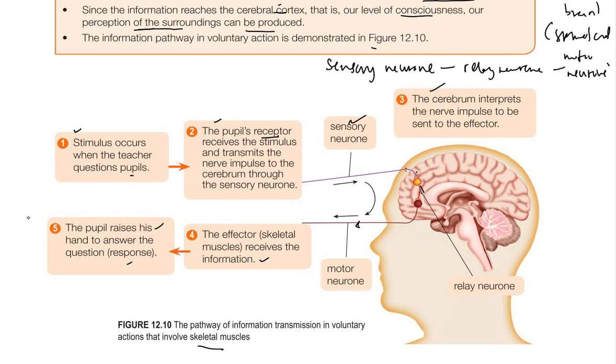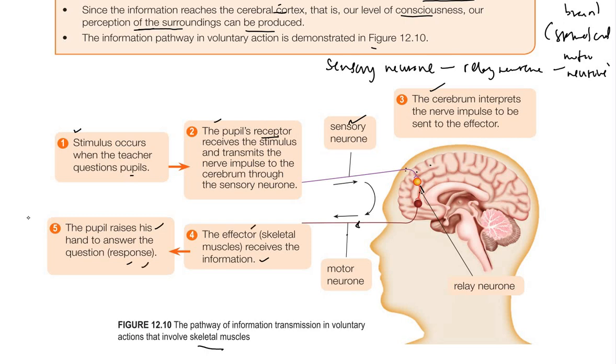The sensory neuron transmits the impulse from the receptor to the cerebrum, which is part of the brain. Then the cerebrum interprets the nerve impulse and sends it through the relay neuron, then the motor neuron, then to the effector, and the pupil raises their hand. This is the response.